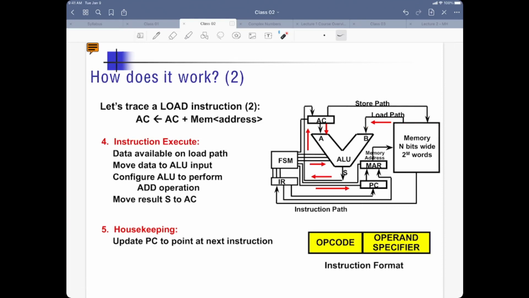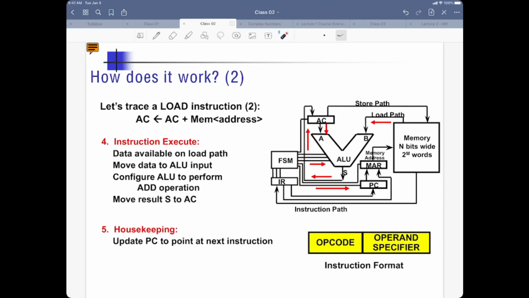Instruction execute. That's essentially going to be carried out at the ALU, and in this case we are just going to do the addition, right? So data is available on the load path over here, and data is also available from the accumulator on the ALU A side. The ALU is going to do the addition, and then move the result to the accumulator. All of these things are going to happen by themselves.